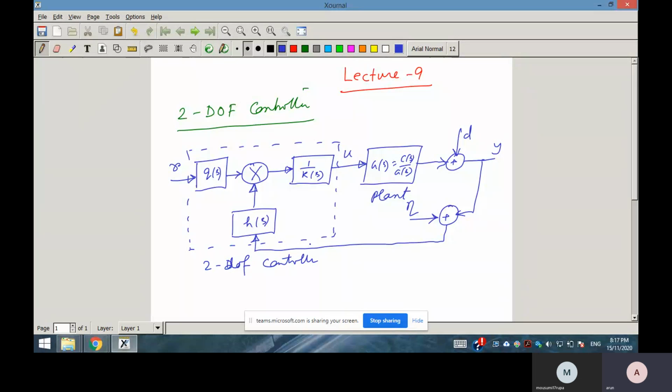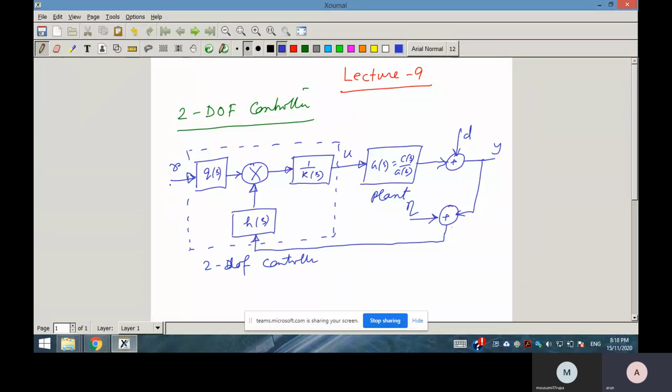Now what is the difference? You can easily see that here the measurement output and the reference input are being treated in an independent way. In case of 1 degree of freedom, the controller was C(s), that is H(s)/K(s), and only one input was going to the controller, that is the tracking error.